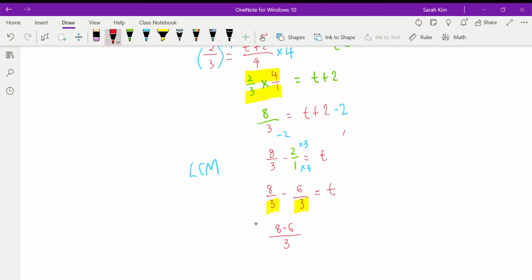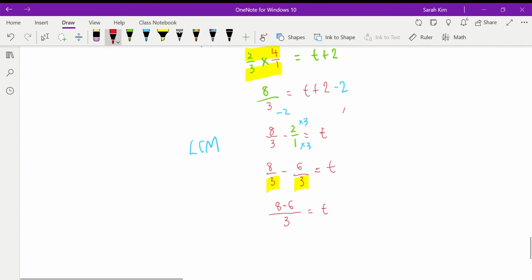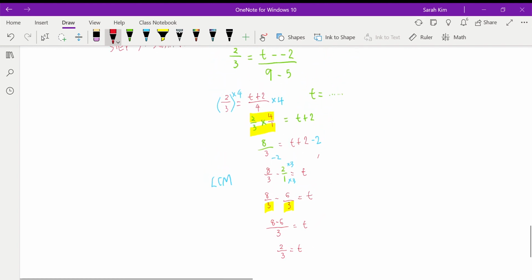We've just combined the fraction line and only written one of the 3s. Alright, so there you go. If I do that calculation, what's 8 take 6? Well, that's 2. And then the bottom stays. So my t is just simply 2/3. And that's it. I found the answer.